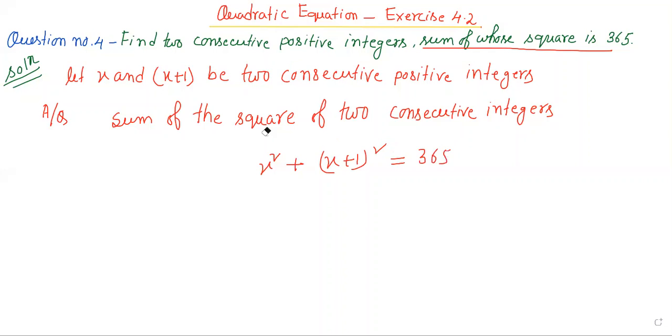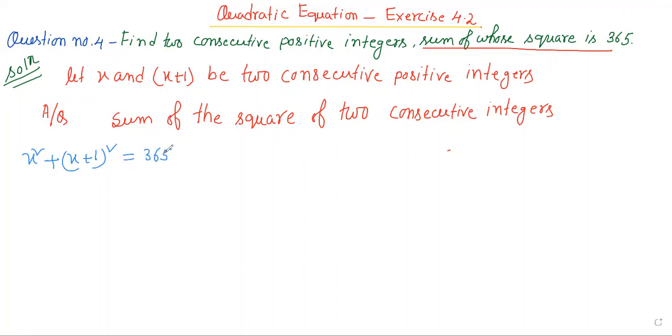Now let's write this here so that we can solve it on one page. The equation is x square plus x plus 1 whole square is equal to 365.